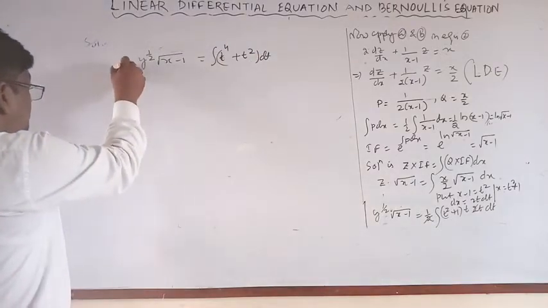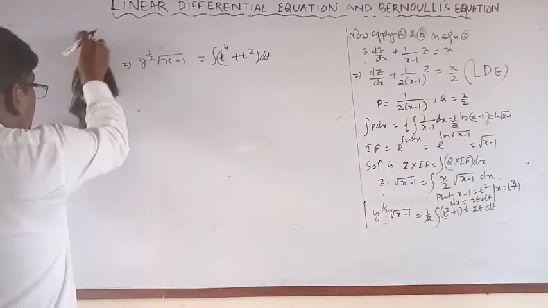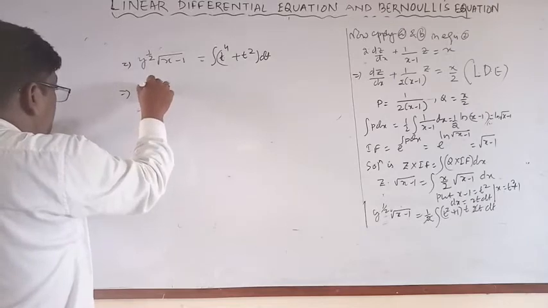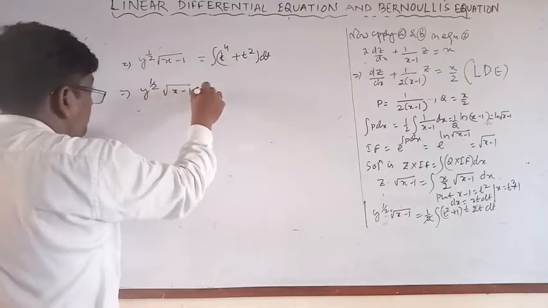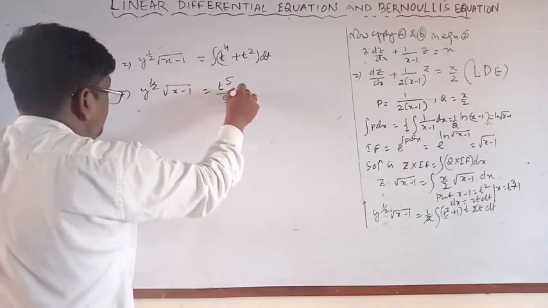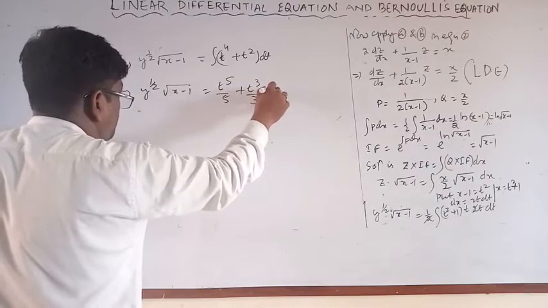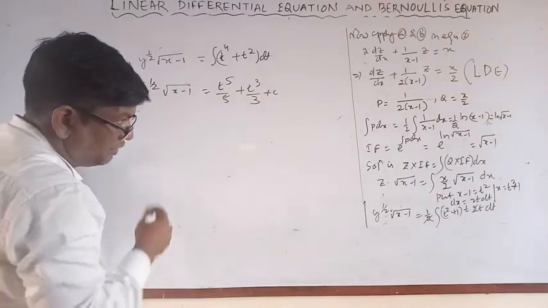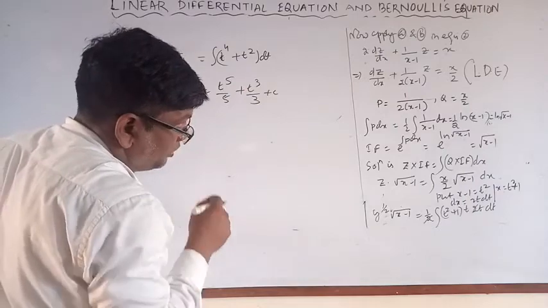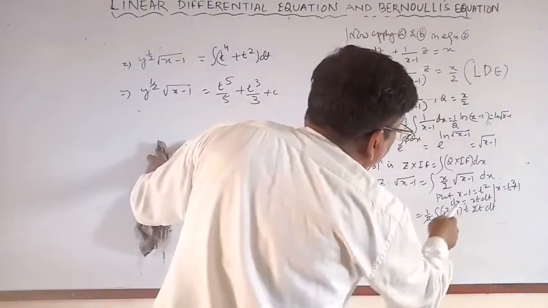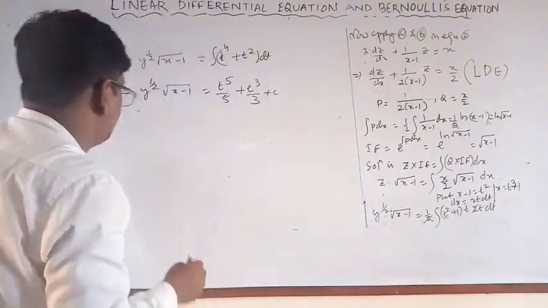So this is equal to y to the power 1 by 2 root over x minus 1 equals t to the 5 by 5 plus t cube by 3 plus c, where t is equal to root over x minus 1.